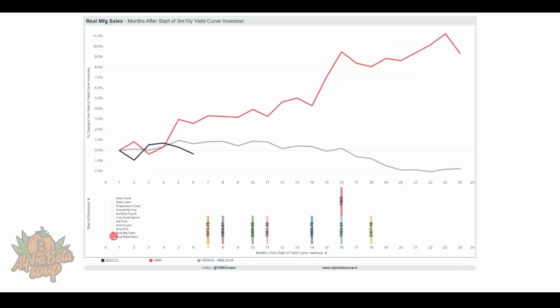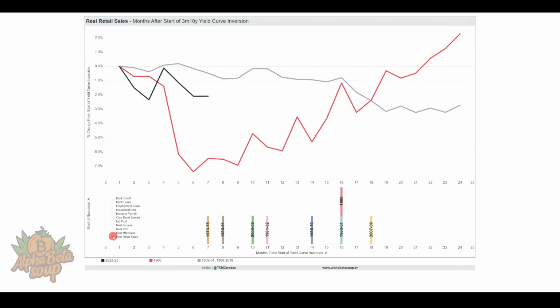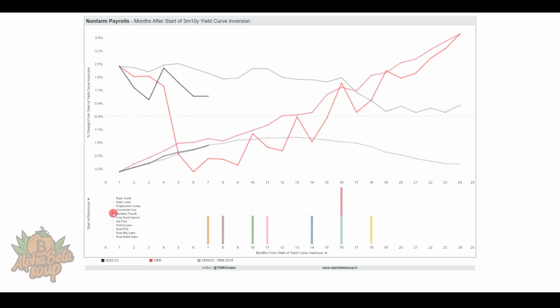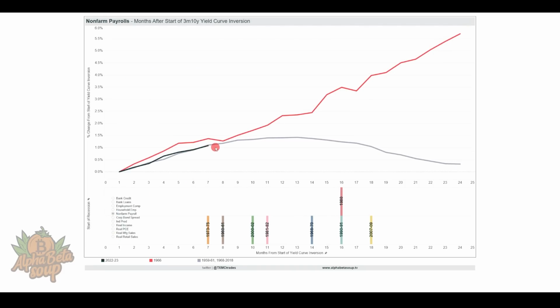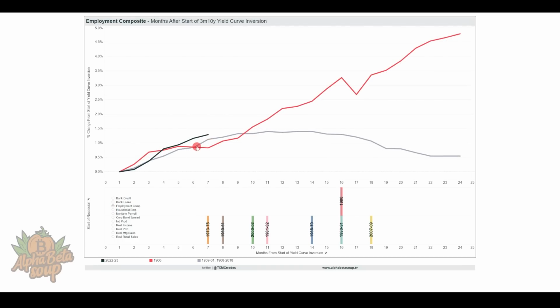And it wasn't until about a year after the yield curve inverted that you really started to see that the expansion was continuing in 1966, before you really knew that we weren't going to dip into a recession like all of the other historical fractals since then have shown us. So my takeaway from adding in 1966 to what we were looking at before is that I think we still have another half of a year before we can start to think maybe we're printing a soft landing fractal.